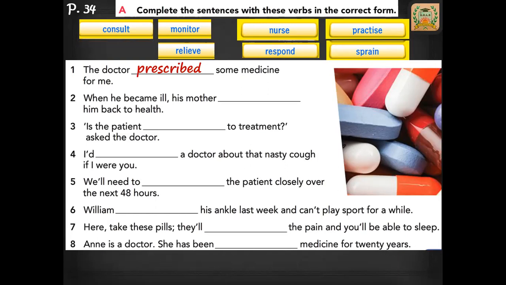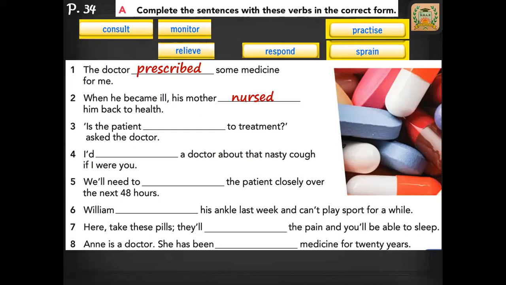Prescribe, that is, wrote some medicine or told me to take some medicine. When he became ill, his mother him back to health. When he became ill, who will take care of him except for his mother? Of course, nursed. The verb nurse here means take care of.